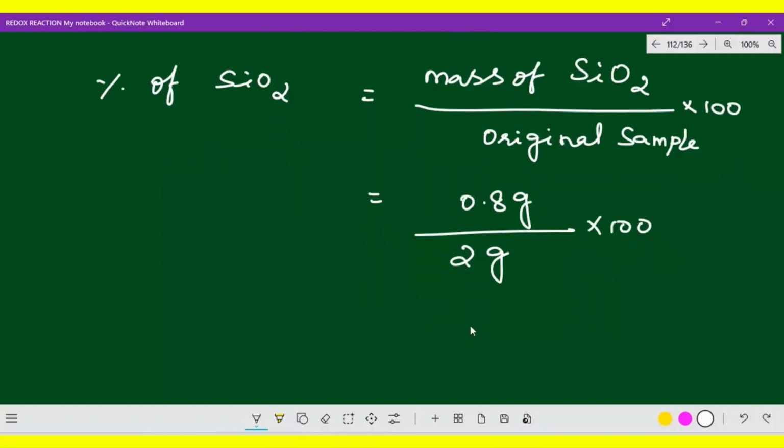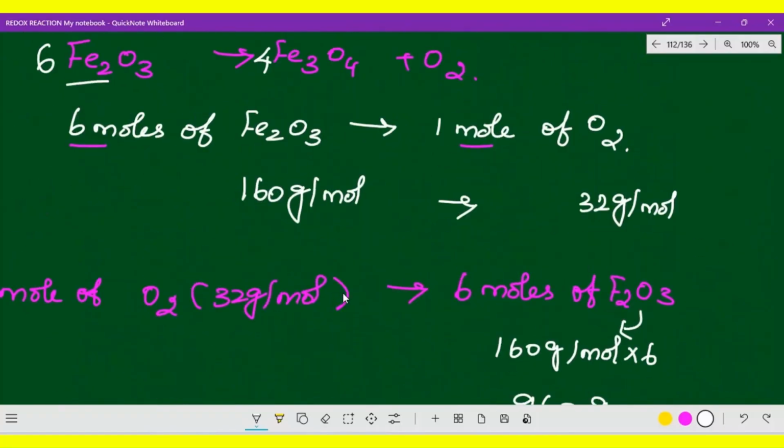So how much are you getting? You are getting 40 percentage, right? Percentage of silicon dioxide only they are asking. So the percentage of silicon dioxide is 40 percentage.